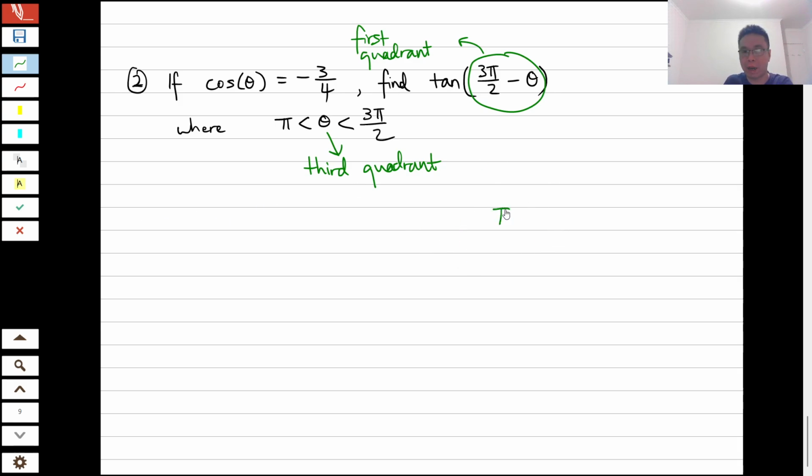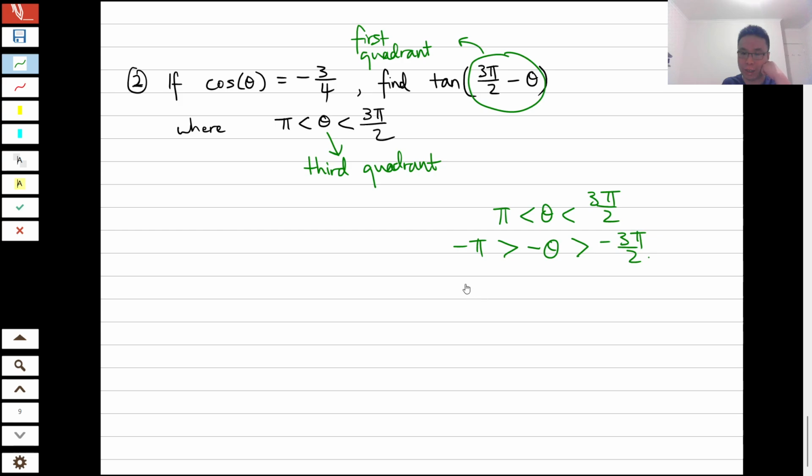So if I know that pi is less than theta is less than 3 pi on 2, then negative theta is greater than negative pi and is greater than negative 3 pi on 2.